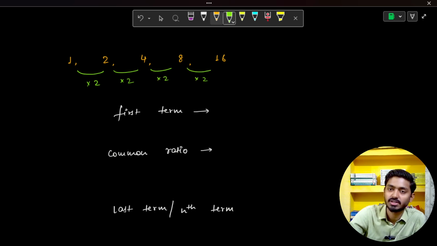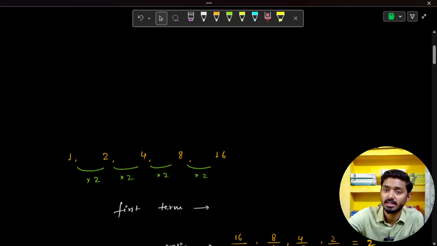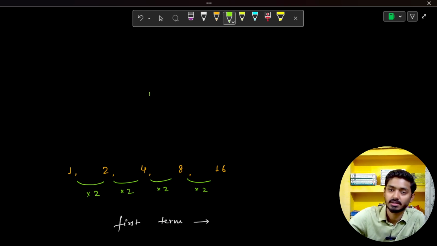Or shall I say, if we divide any term by the preceding term, we get a ratio which is common to all of them. That is what we call the common ratio. And if the ratio is common, we'll classify the series as geometric progression.